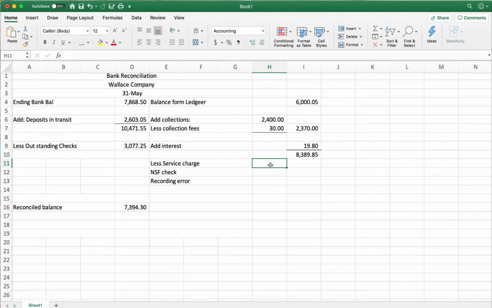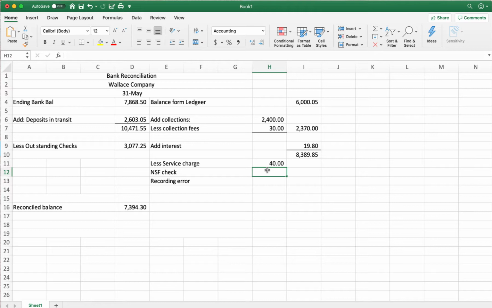So the bank charged me $40 probably just for the fact of having a bank account and all that stuff, right? They got to make their money, so they charge us a fee. That fee is represented in the bank ending balance. We didn't know about it. We're just finding out they charged us the $40 fee. We need to subtract it, and we need to put it in our books, okay?